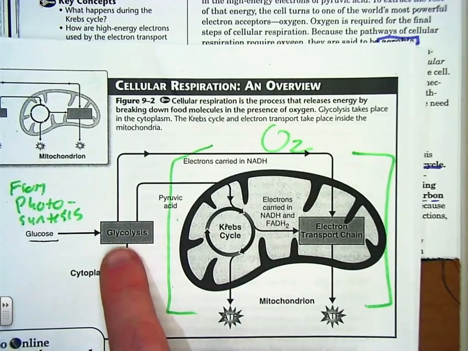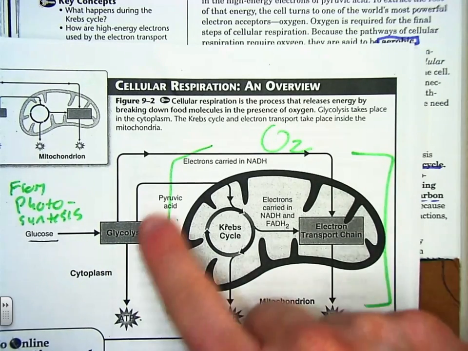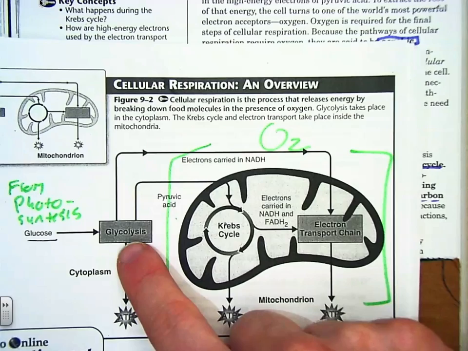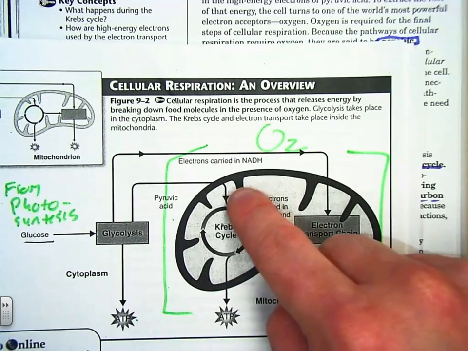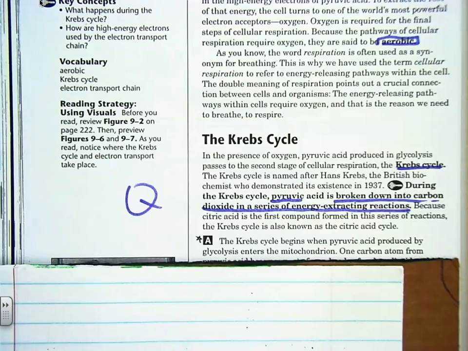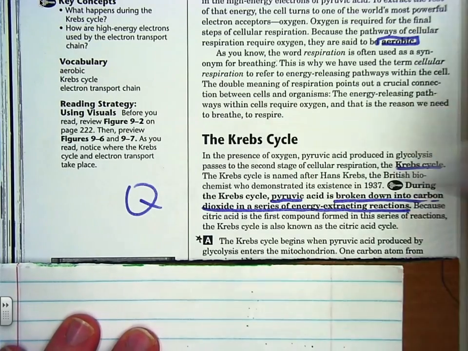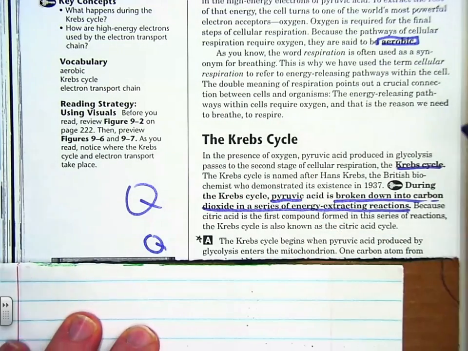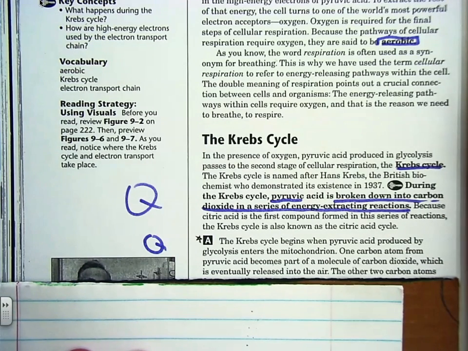Here's glycolysis. We learned that just a few hours ago. And then pyruvic acid is made from the breaking up of glucose, and it enters into the mitochondrion into the Krebs cycle. Okay? Where does the Krebs cycle happen? Great quiz question.